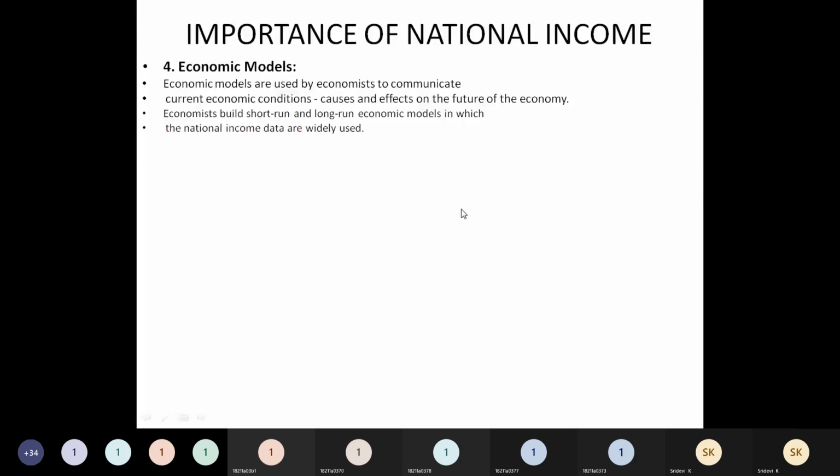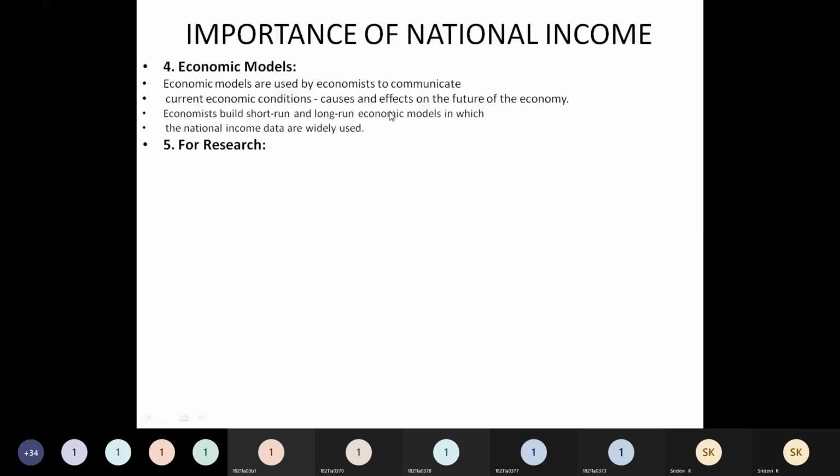If there is no national income, we cannot grow, no? We cannot utilize the income that was there with the government. Any condition of the country will be affected.